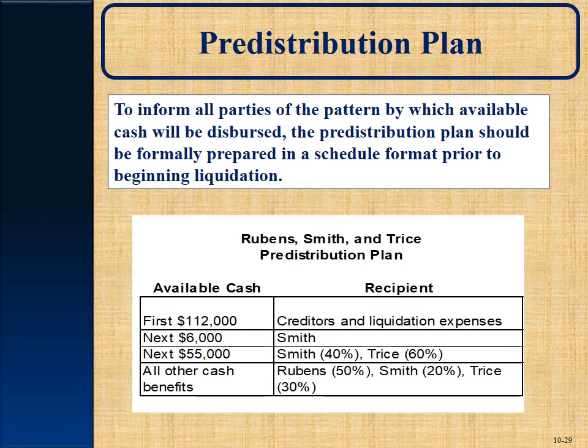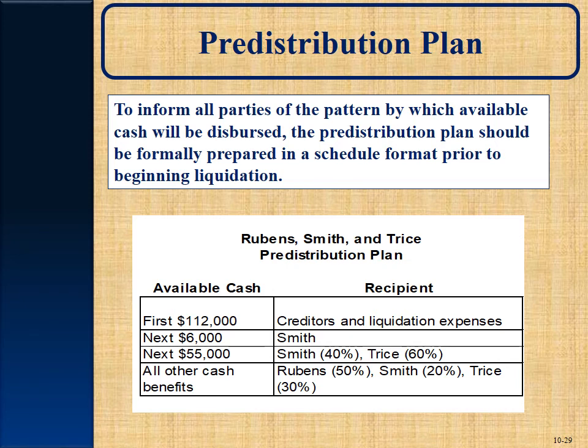The next $6,000 will go to Smith. He's the only one that would have a balance at the end. The next $55,000 will be shared between Smith and Trice. And then they'll share in all the remaining cash. And then this would be an appropriate way of distributing cash before complete liquidation.